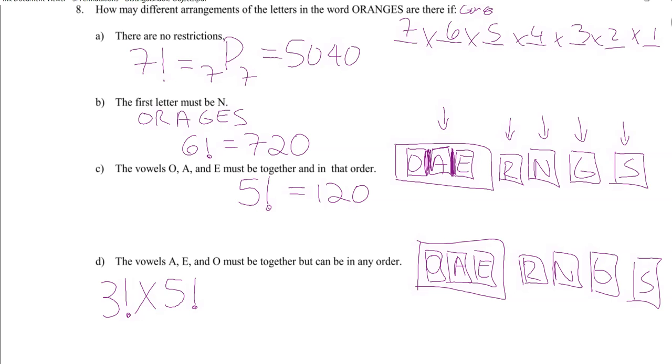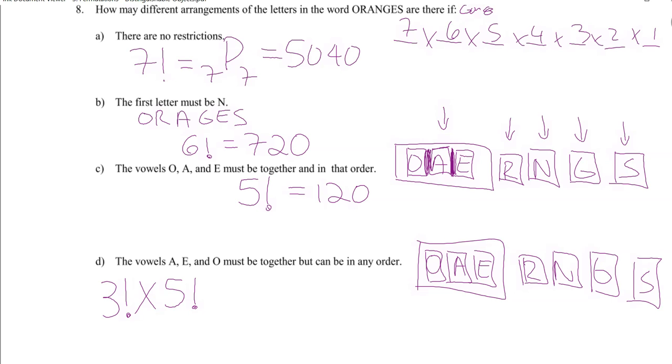I thought like it would count as 1 factorial. Well, we're not arranging this, right? But these we are arranging. Okay, so we got 5 tiles, right? That's 5 factorial ways. For every one of those arrangements, these guys could be OAE, AEO, EOA, etc., etc. Right? There's 6 arrangements.